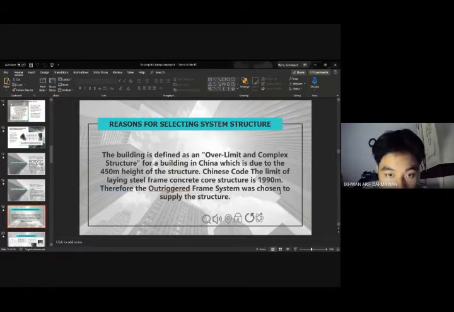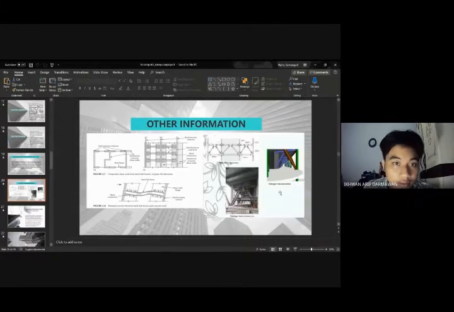The Chinese code limit for a steel frame concrete core structure is 190 meters. Therefore, the outrigger frame system was chosen to support the structure. And this is other information about the Zifeng Tower structure.